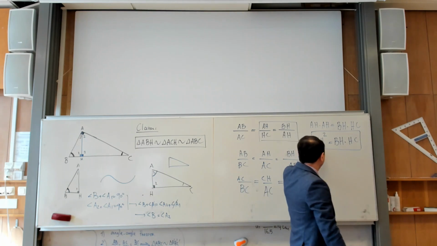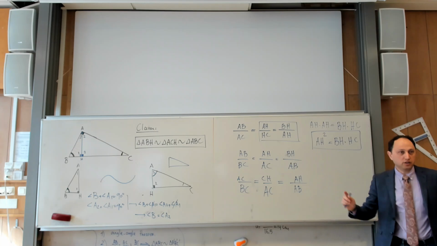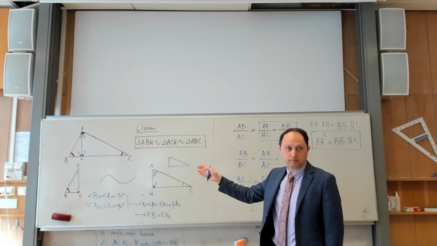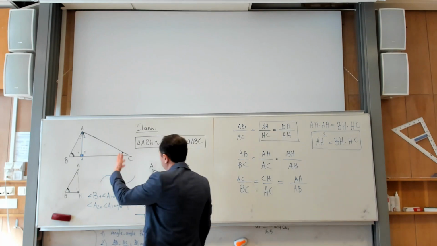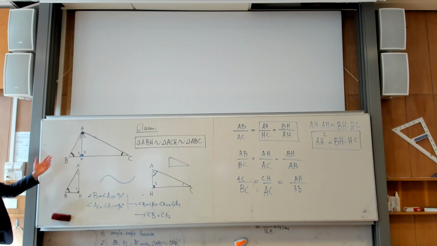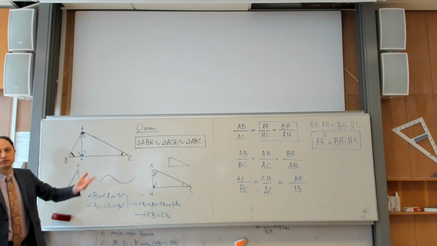The length of AH to power 2 is equal to the product of those two pieces, which we didn't know about, and we were not able to get it using Pythagoras theorem. So that's a really new thing we learned, yes? Is that understandable? Okay. I have it in my memory, though you don't have to, but it is good to know. Might be, in the exam, they give you and ask you to prove this.